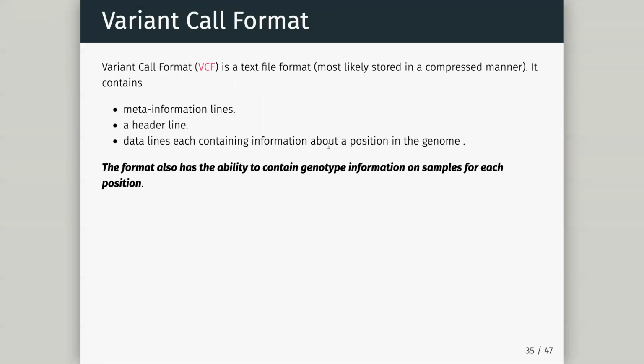VCF is typically just a text file, most likely stored in a compressed manner, and we'll talk about that, I think, in a few slides. A VCF contains meta information lines, a header line, and then importantly, the data lines. VCF actually allows you to also contain the information from genotyping experiments.